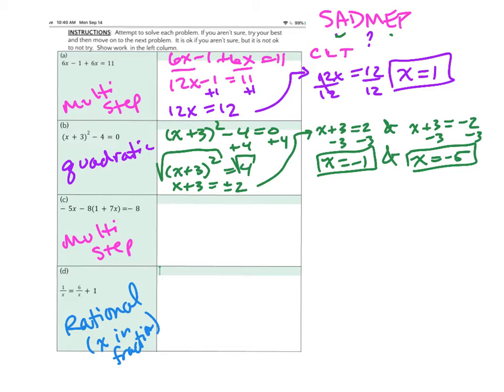Okay, so alert, red alert. Because 2 squared equals 4 and negative 2 squared also equals 4. Also, it's a parabola. And so there's 2 spots, right? 1 and 2. There's 2 solutions.